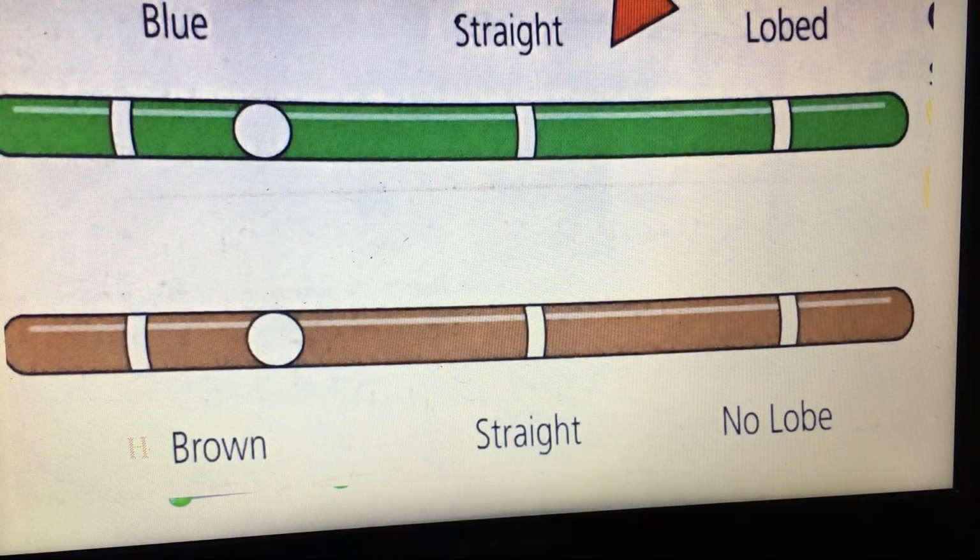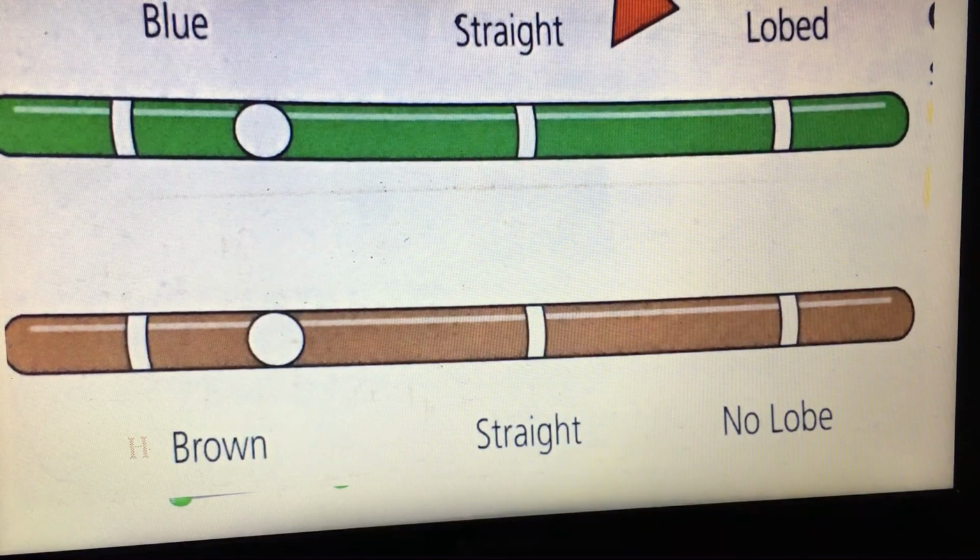So this cell also is heterozygous for this characteristic, the ear shape. So heterozygous means the presence of two alleles, two alternative forms.